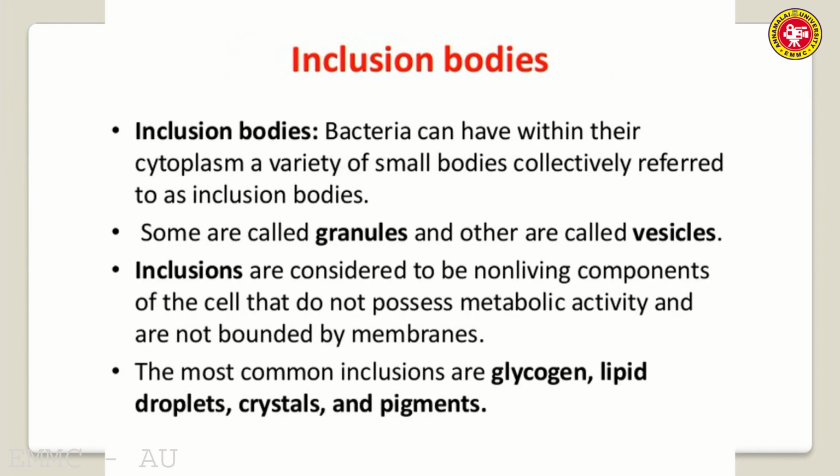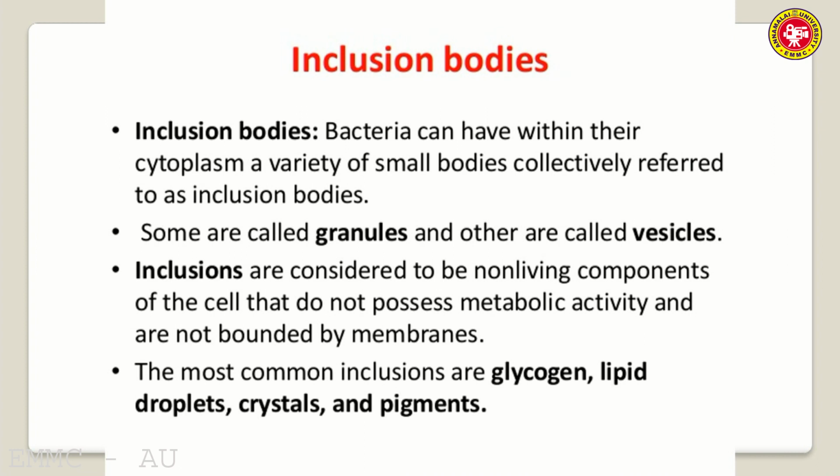Another one is the inclusion bodies. Bacteria can have inclusion bodies within their cytoplasm. The inclusion bodies present in the cytoplasm are mostly functionless and do not have any important functions. Some are called granules and some are called vesicles. A vesicle is a pouch-like structure.